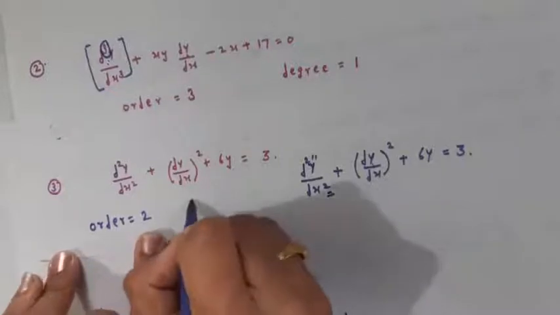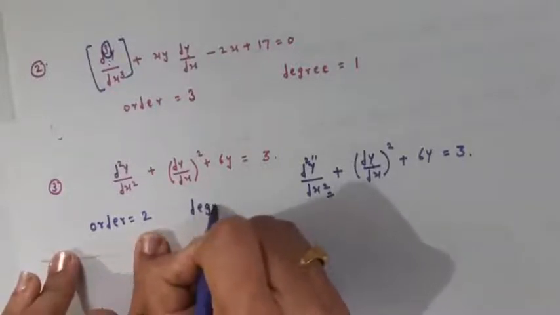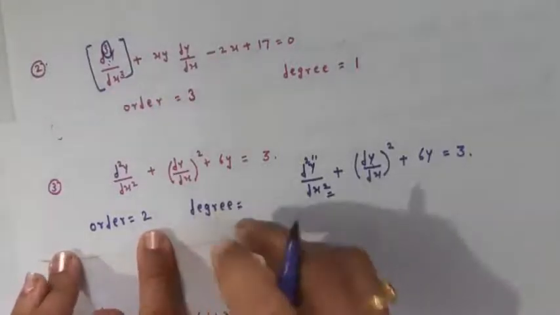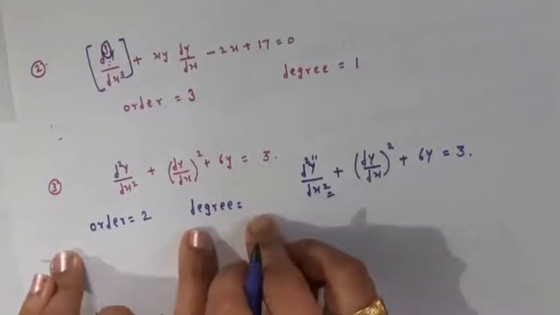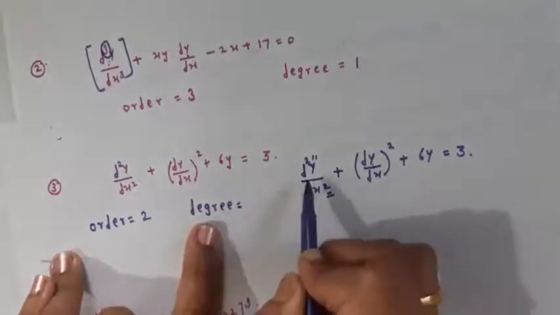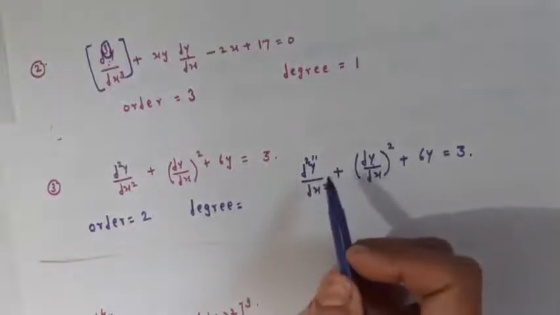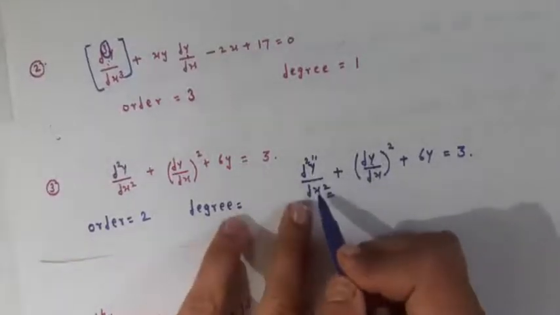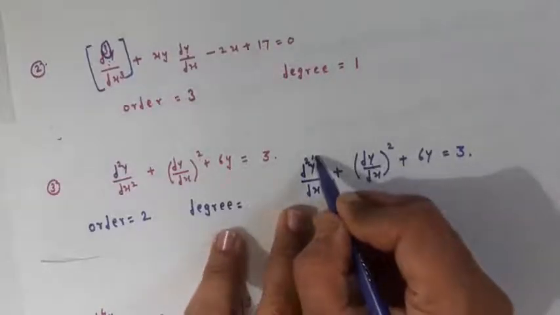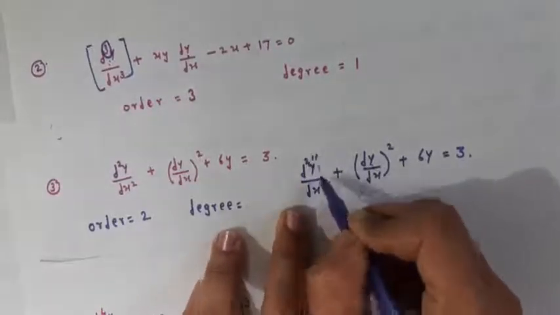Now degree. What is meant by degree? Degree means the power of the highest order derivative. So what is the power of the highest order derivative? Here d²y/dx², for this highest order its power is 1.